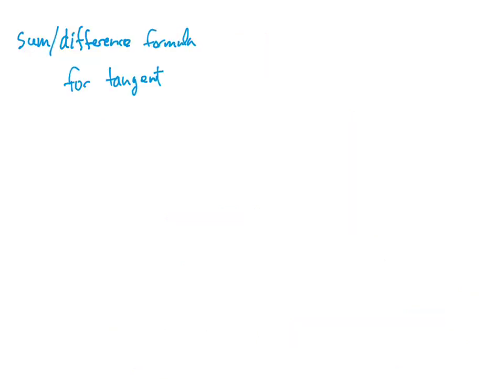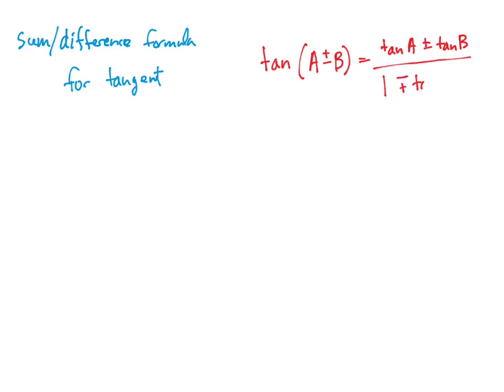The last thing for us to look at is the sum or difference formula for tangent. If we have tangent of a plus or minus b, we say tangent of the first plus or minus tangent of the second, divided by 1 minus plus tangent of a times tangent of b.